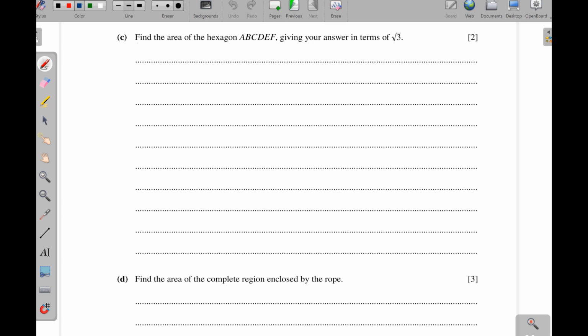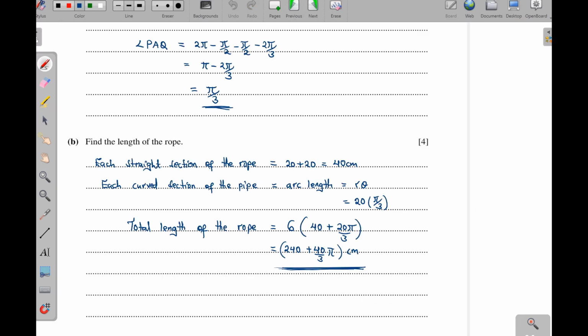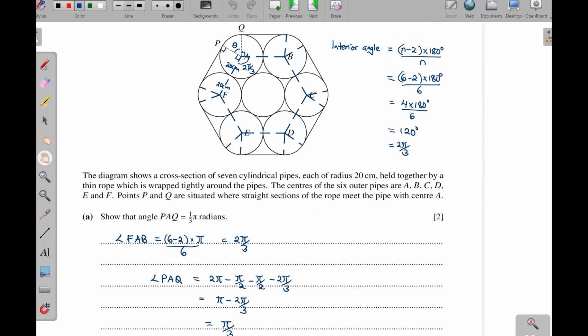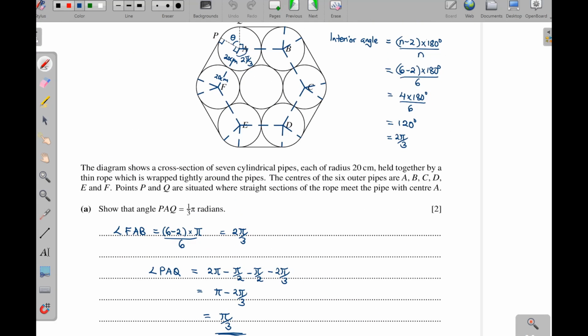Then, let's see, find the area of the hexagon. This one giving your answer in terms of root 3. When you come back here, area of the hexagon here, if I try to connect, let me use now smaller width. I connect this one here. I connect this one to that.